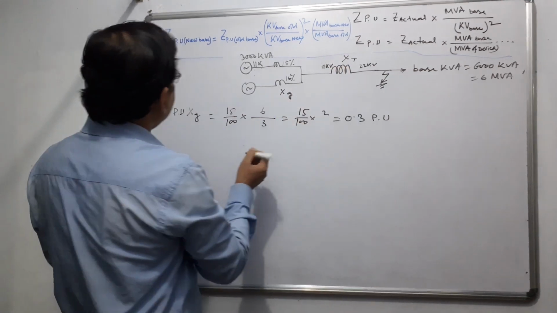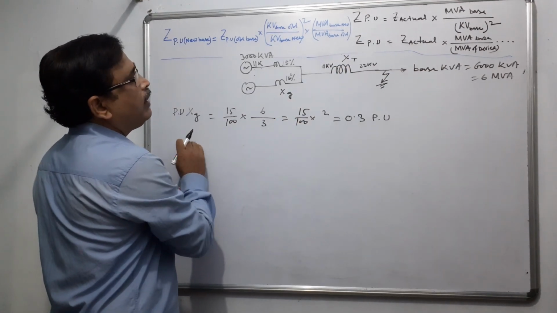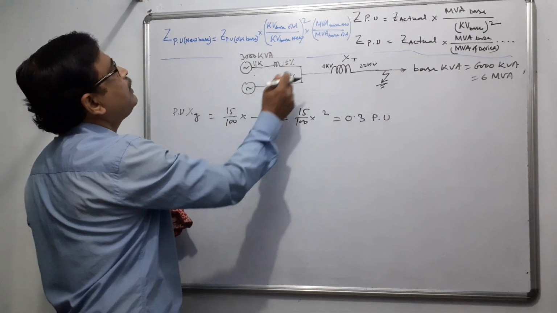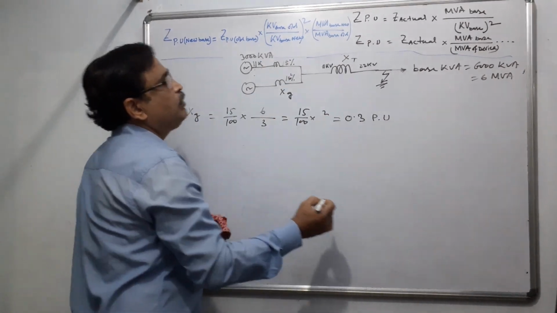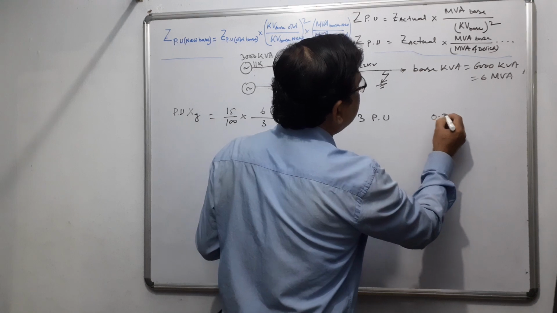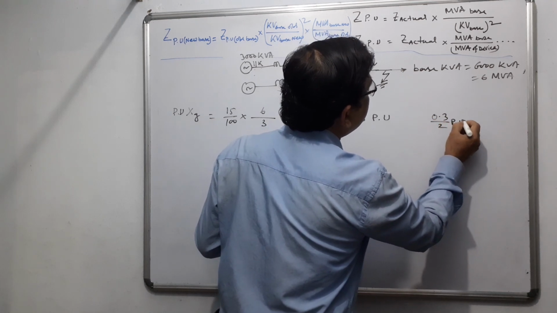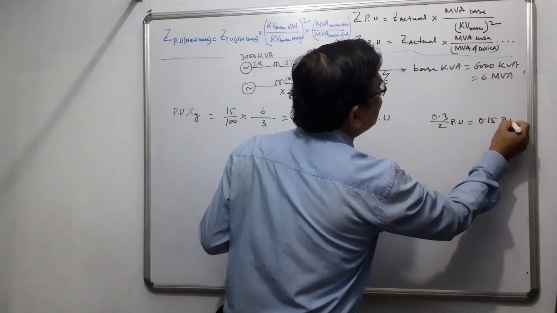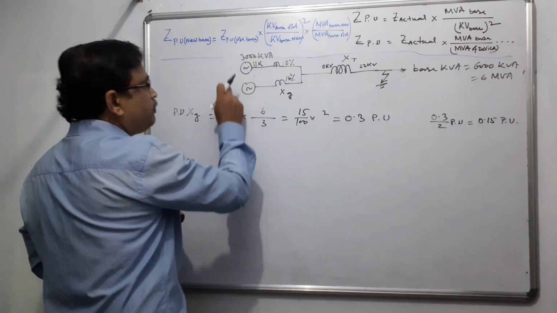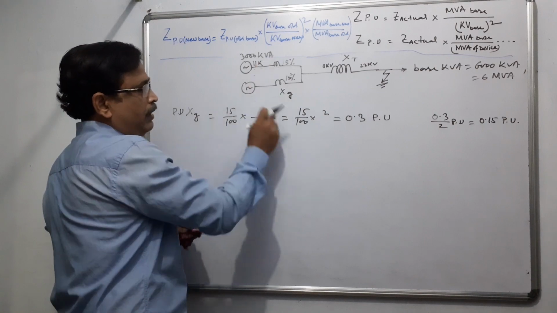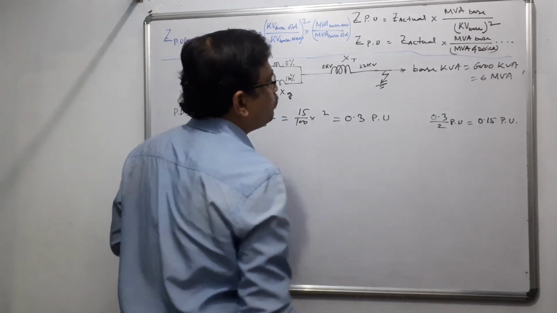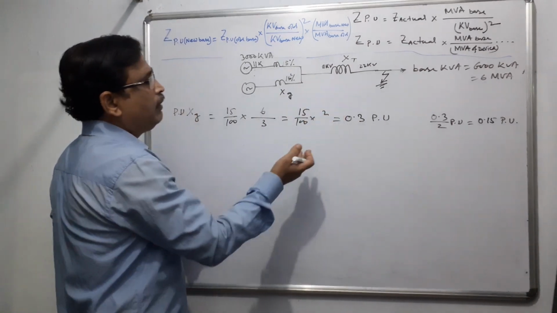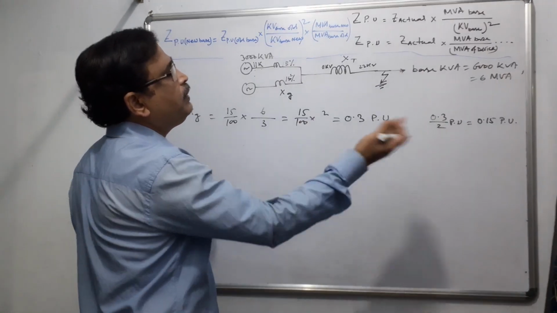And these two generators are working in parallel, that means the equivalent reactance of these two generators will be 0.3 by 2 per unit, that means 0.15 per unit. As these two are in parallel, the equivalent is divided by 2.